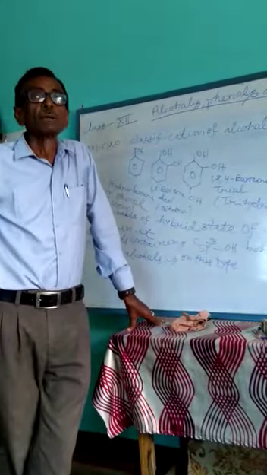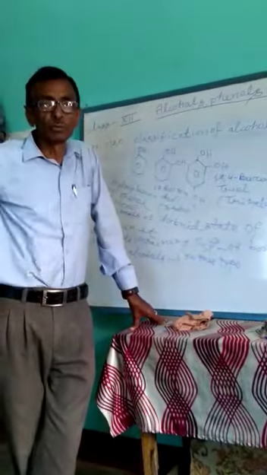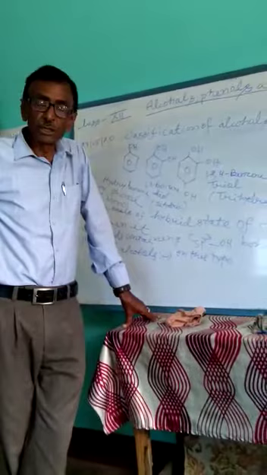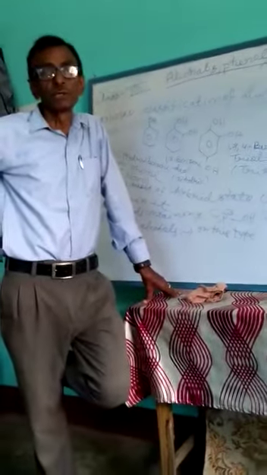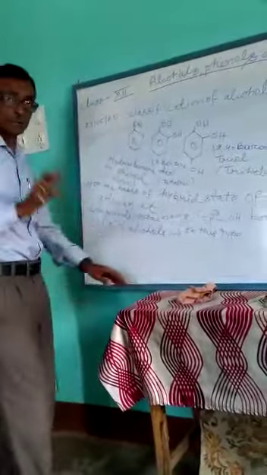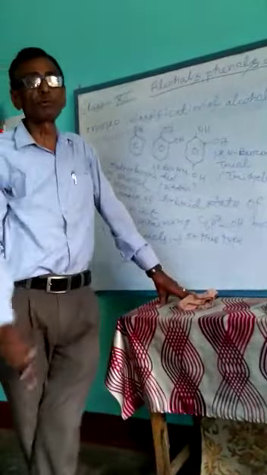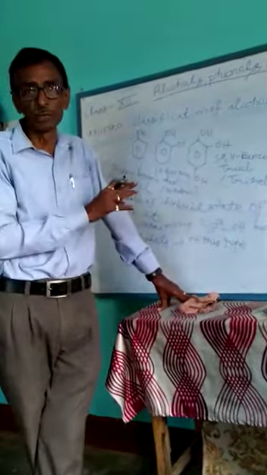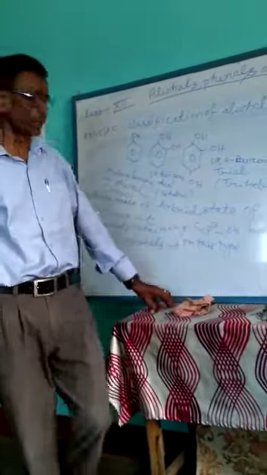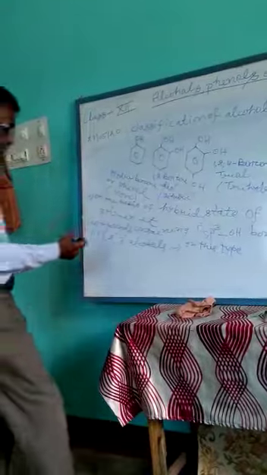And if hydroxy group is attached to tertiary carbon atom, then it is known as tertiary alcohols. That means it depends upon the nature of the carbon atoms, whether primary, secondary or tertiary respectively.